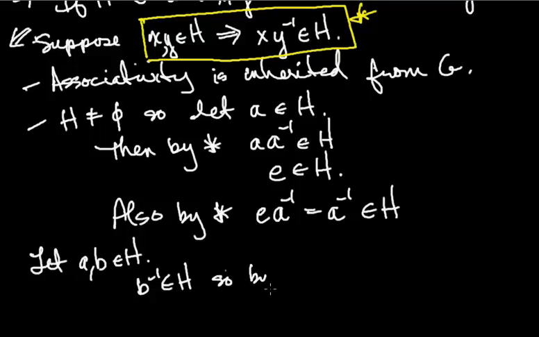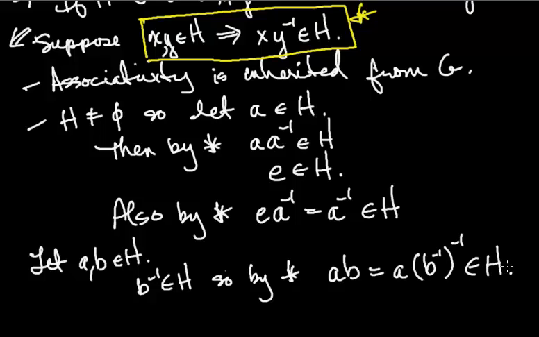So by star, A times the inverse of B inverse, which is A B, is in H. So we get closure. Notice in this we needed B inverse in H so that we could use star to get A B in H.